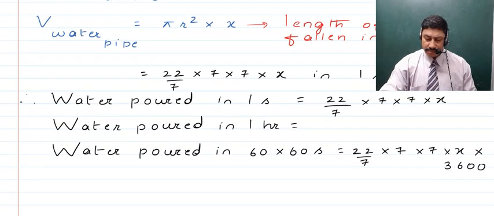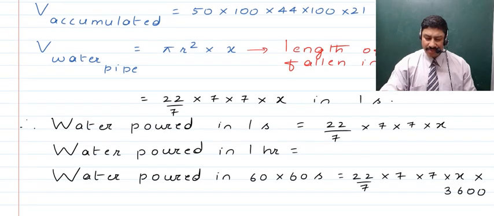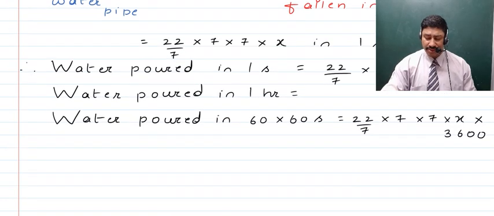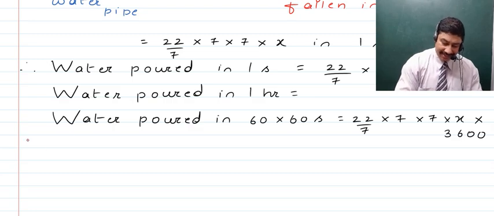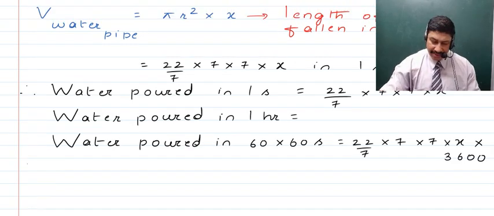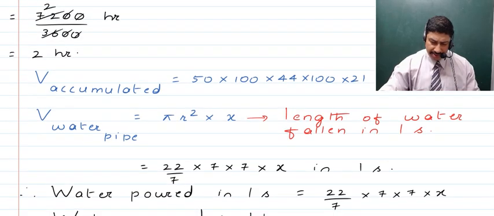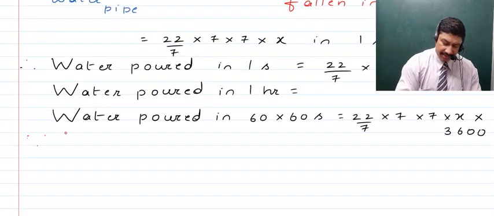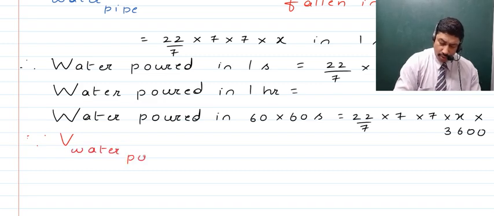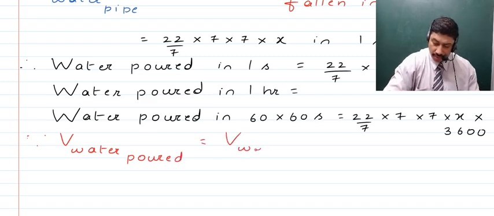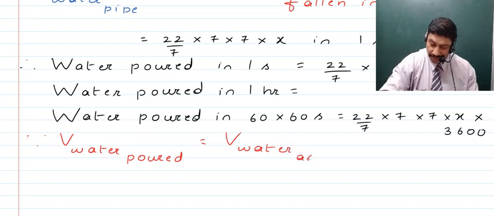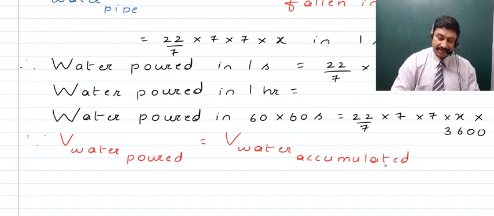Okay, so now we will be equating both of these volumes. Since the volume of water poured from the pipe is obviously equal to the volume of water accumulated in the cuboid, we can equate it.